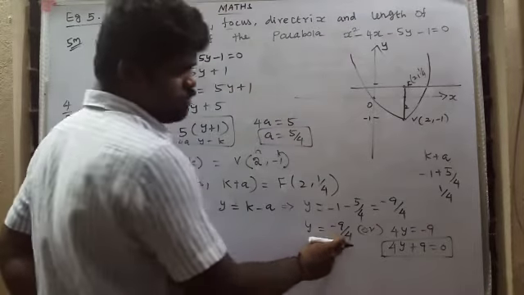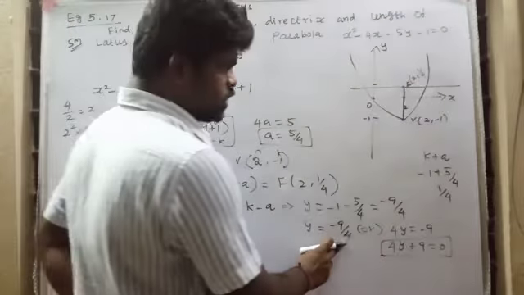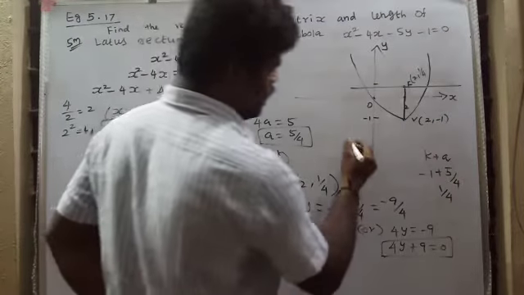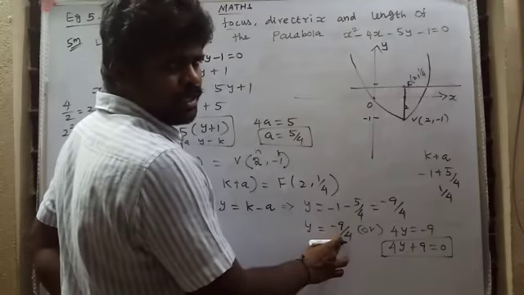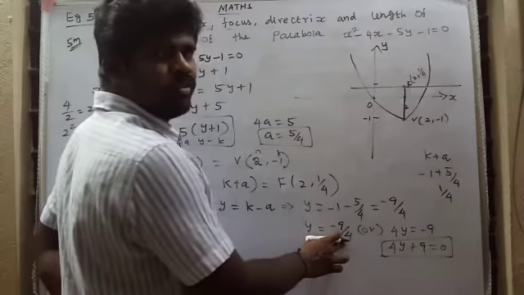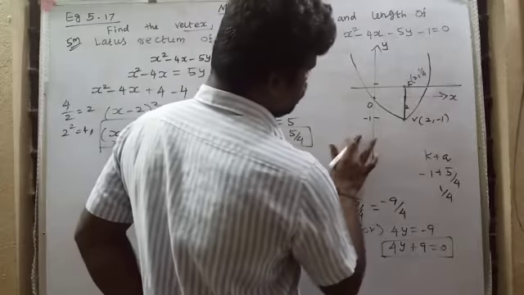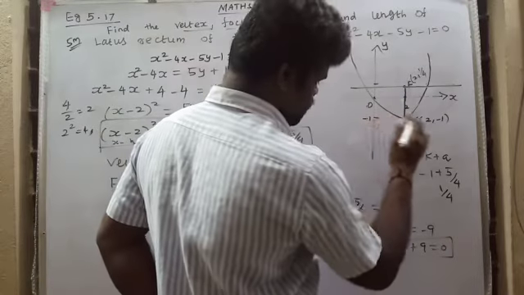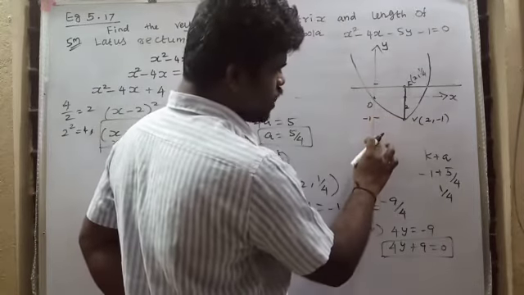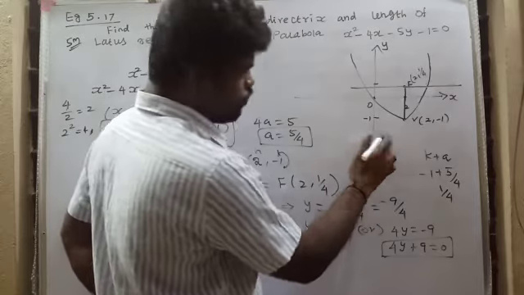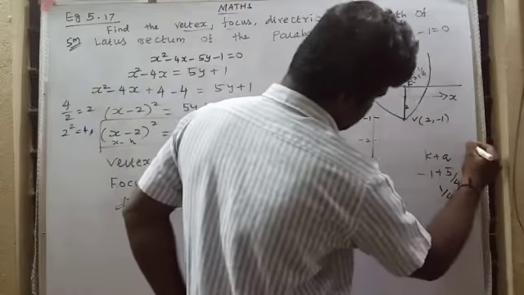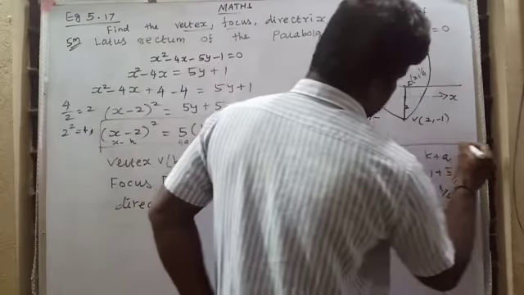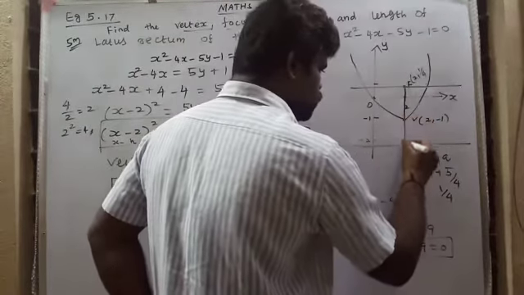Y equal to -9/4 means what? Minus 2 point something, minus 2.25, right? So this is -2, -1, and minus 2.25 here. This is the directrix equation and we want to join it.